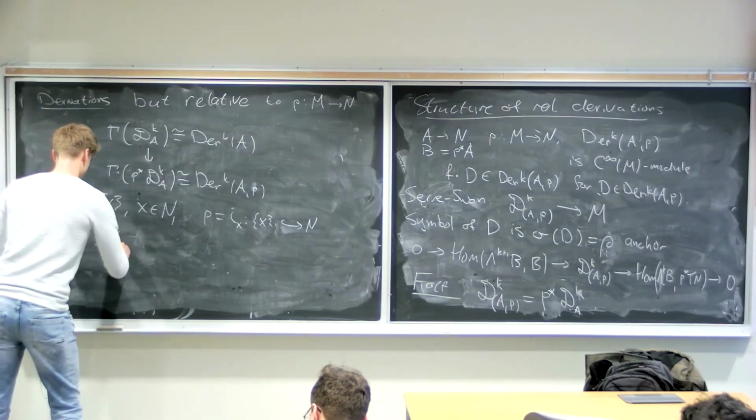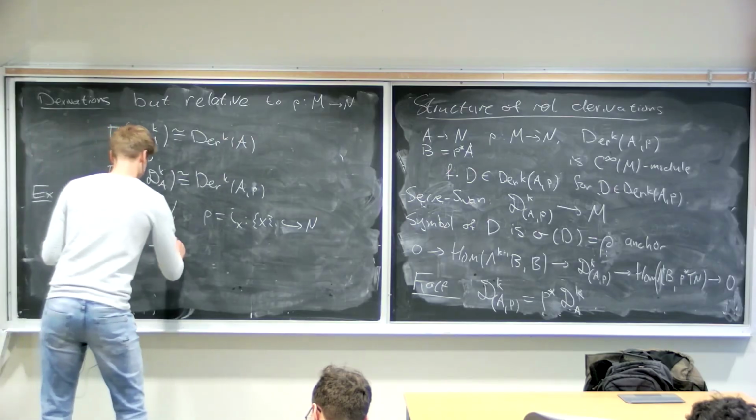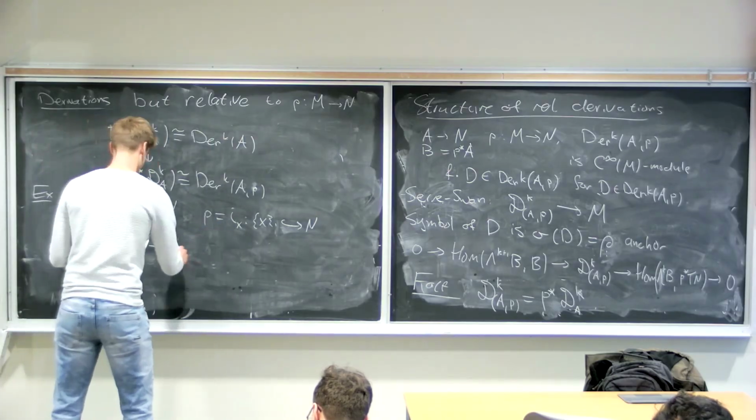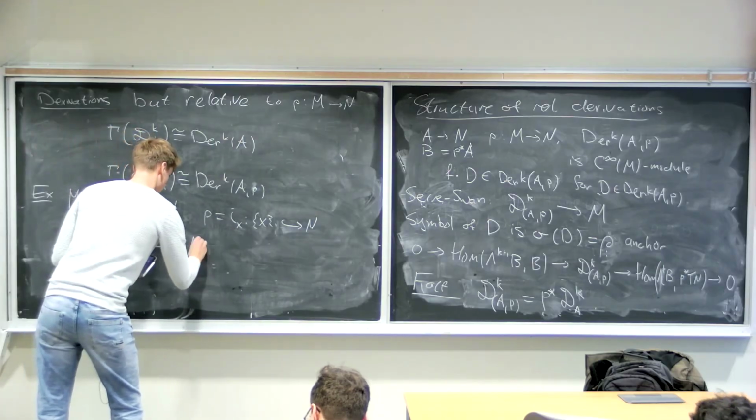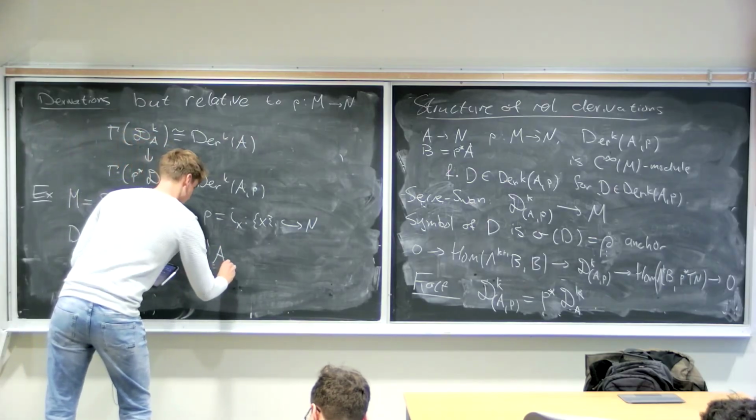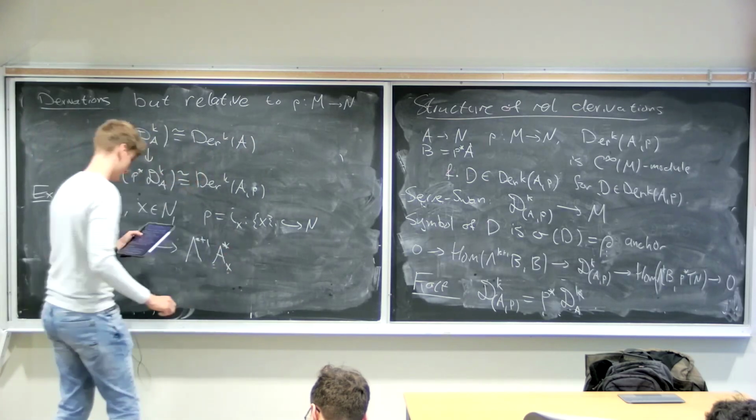It's a derivation that takes in forms on A and goes to forms on the fiber, plus 1 of A_x star.